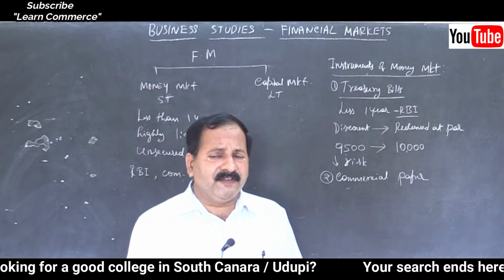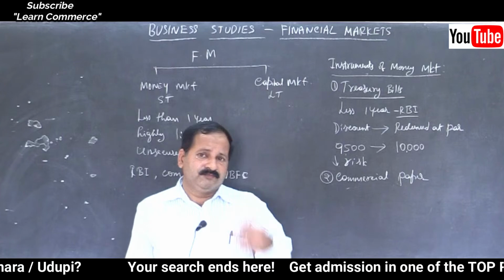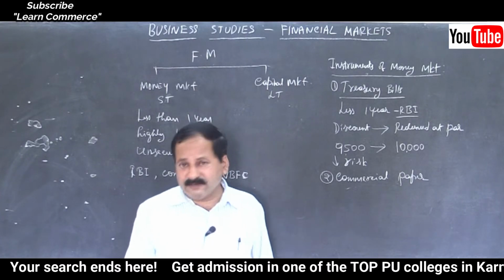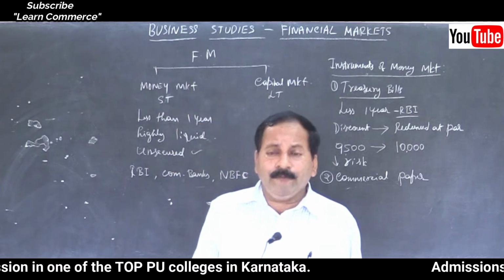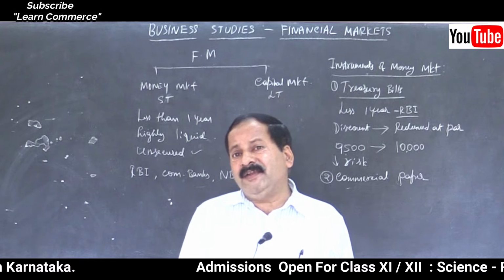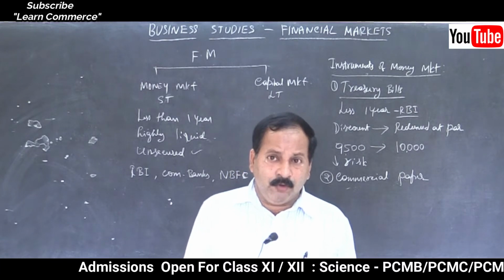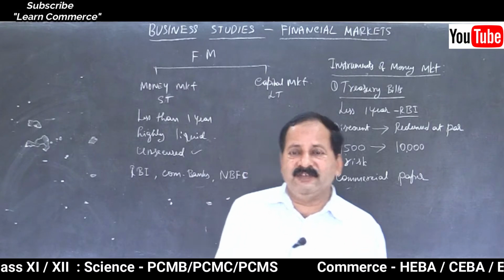What do you mean by credit-worthy companies? Having more reputation in the market, like maybe Tata or Birla or Reliance, isn't it? They have more reputation in the market. If they issue any bonds or anything, then the public will not hesitate to invest, because they know the groups are strong enough, having a strong financial base, isn't it?